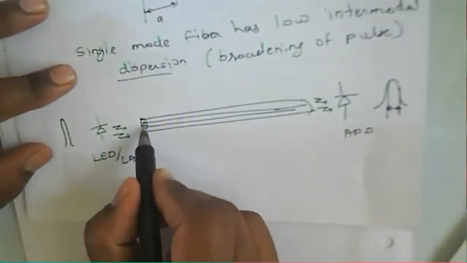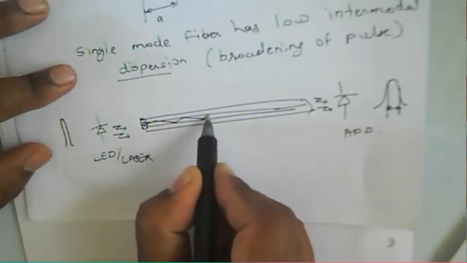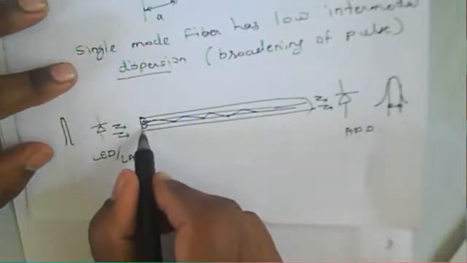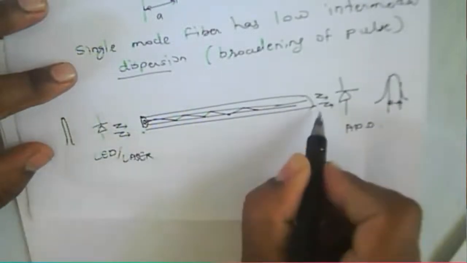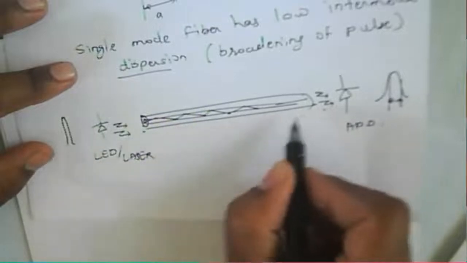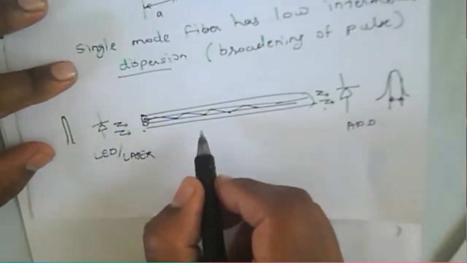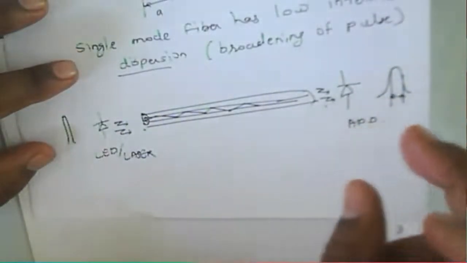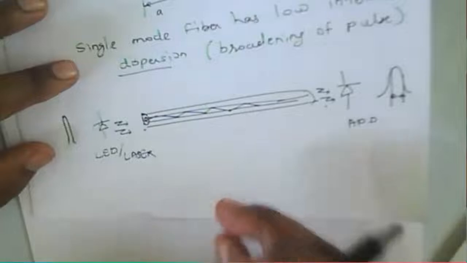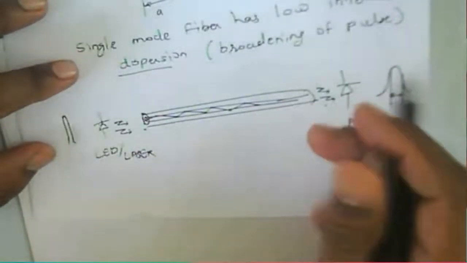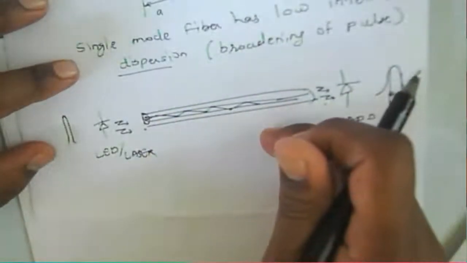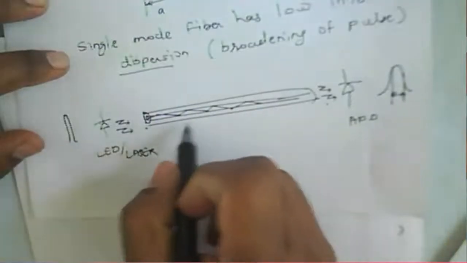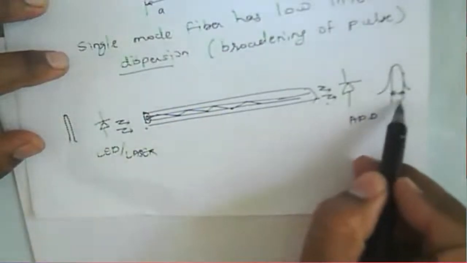Because the light propagating through this is reflecting from the core, and there is a variation in the velocity of the signal because of some defects in the fiber. There may be a variation in the refractive index, or there may be bends. That's why the change in velocity occurs, and that is called dispersion. But in a single mode fiber, this pulse broadening is small.